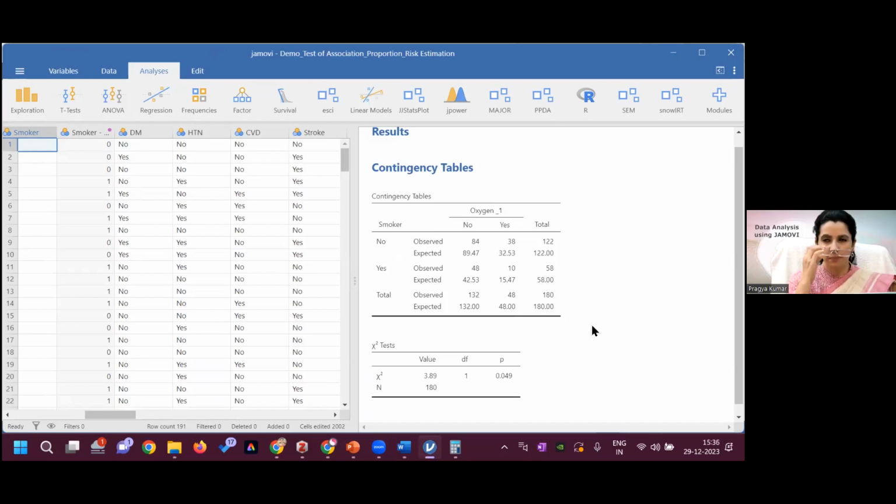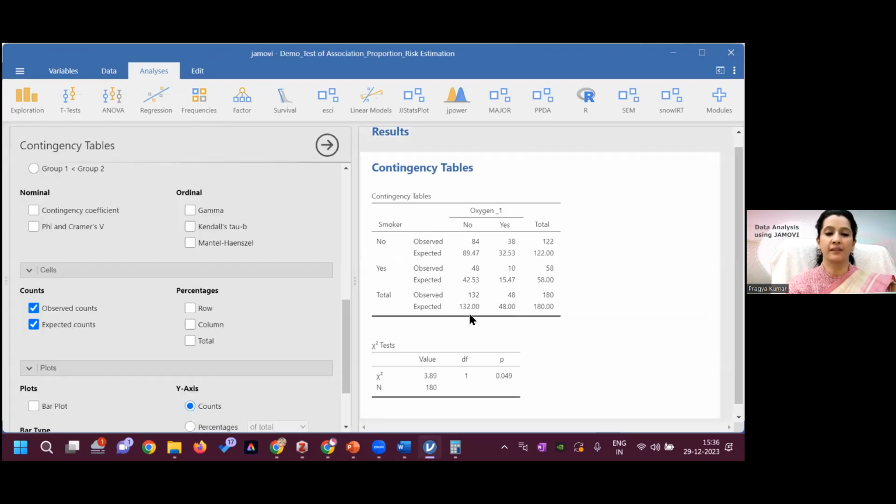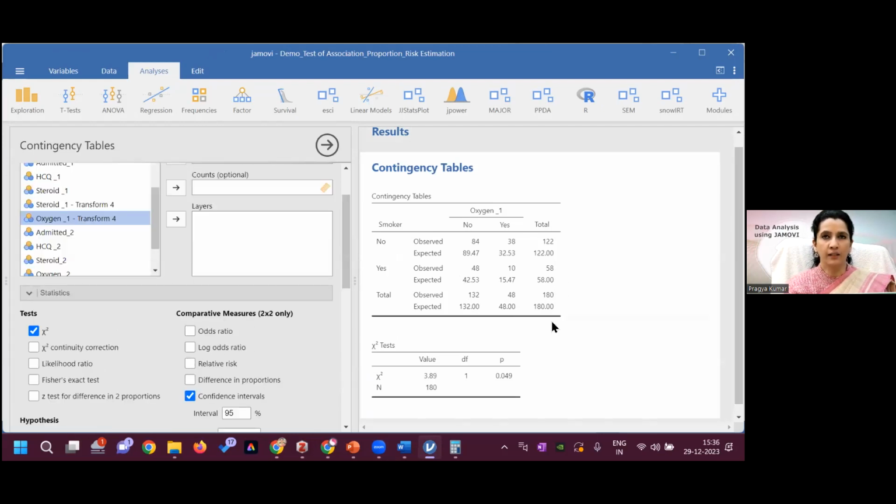Yes, so I was explaining this proportion and regarding the expected frequency. I was telling you to just concentrate, ignoring the smoker and non-smoker status. I am considering the overall total.